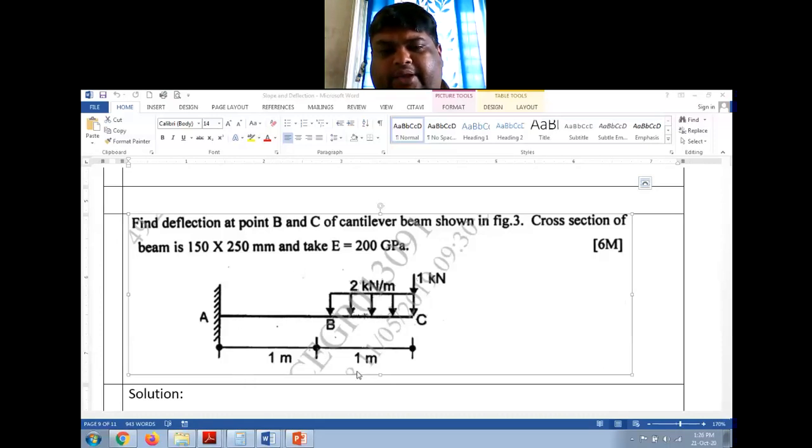That is the main difference between a simply supported beam and this cantilever beam. Rest all things are the same. There is no difference as such, right?